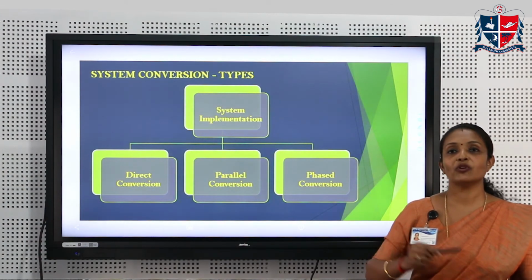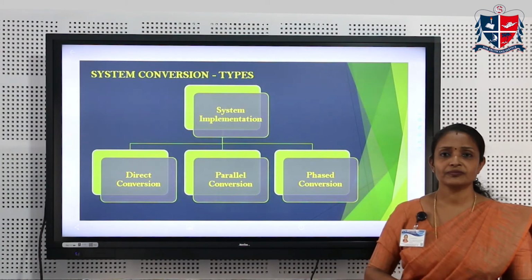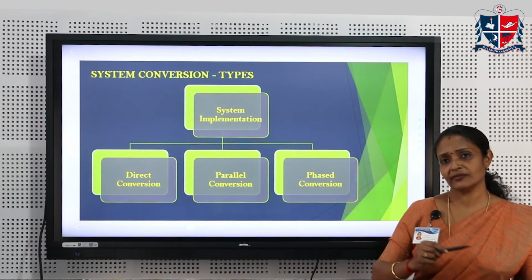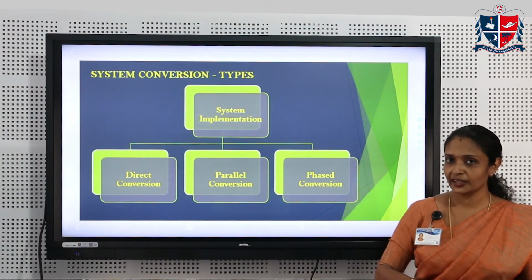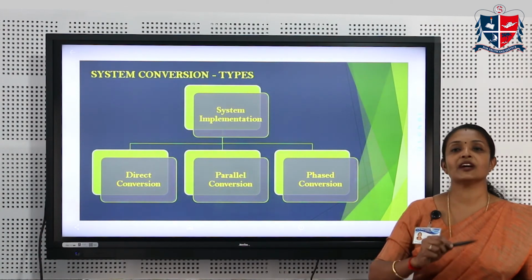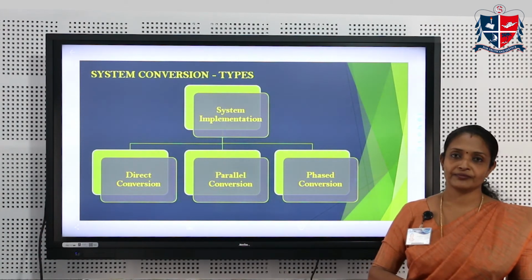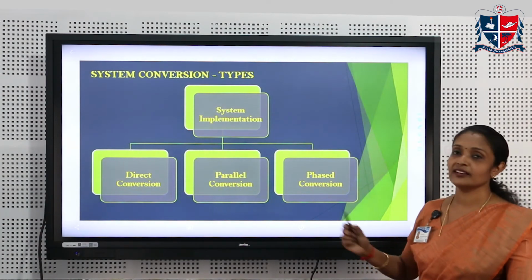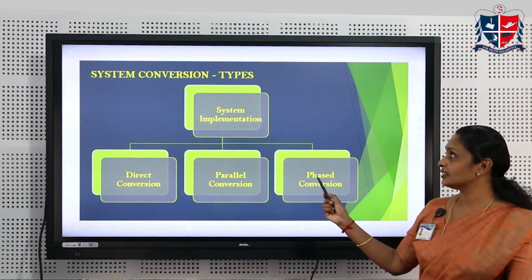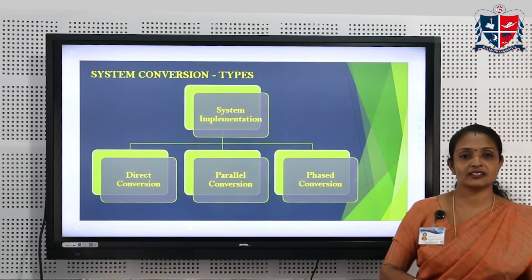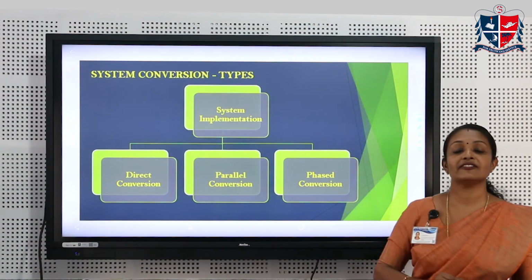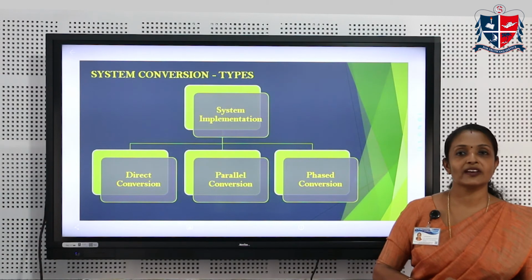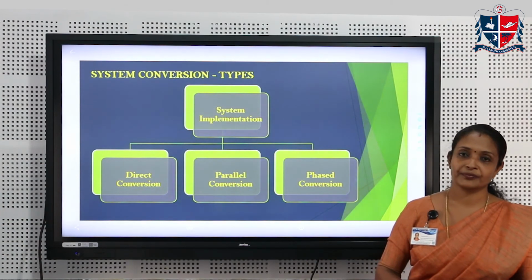That is, one module of the software is installed. After a certain period of time, we check whether it is working properly, and if it is, we move on to the next module. Like that, the software is installed phase by phase. So these are the three different conversion methods, or we can say three different system or software implementation methods.